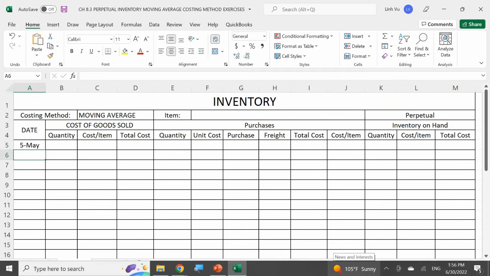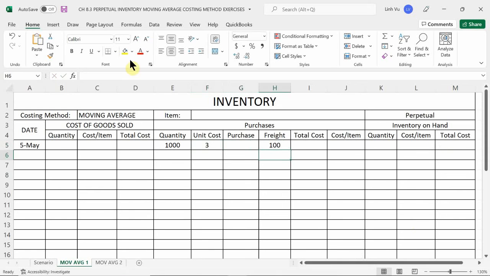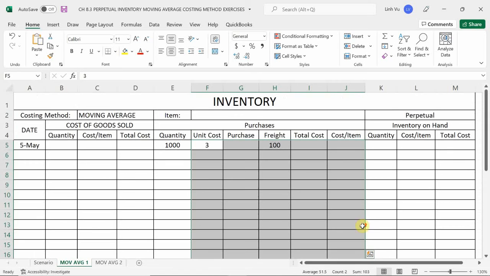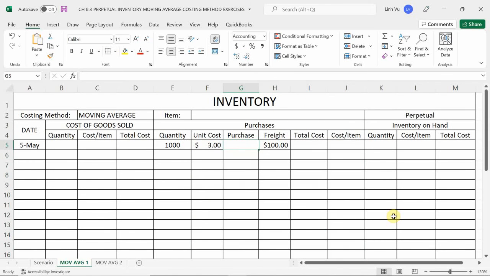So, May 5th, we're going to skip over the cost of goods sold. We just purchased 1,000 units at $3 each with the freight of 100. So, in this case, what is my total purchase price? It's 3,000.